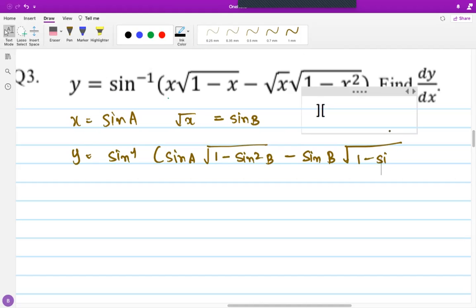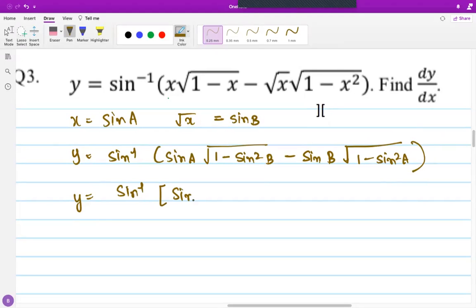So you need to think, what if I substitute? How can I simplify sine inverse of sine theta, or sine inverse of cos theta, or any term, whatever the possibility. Only by practice will you be able to do these problems. So y is equal to sine inverse of sine A into the root of 1 minus sine square B. What is 1 minus sine square B?